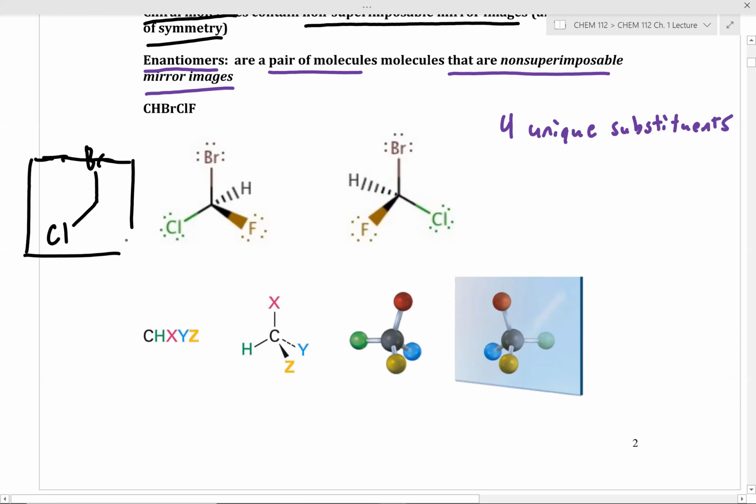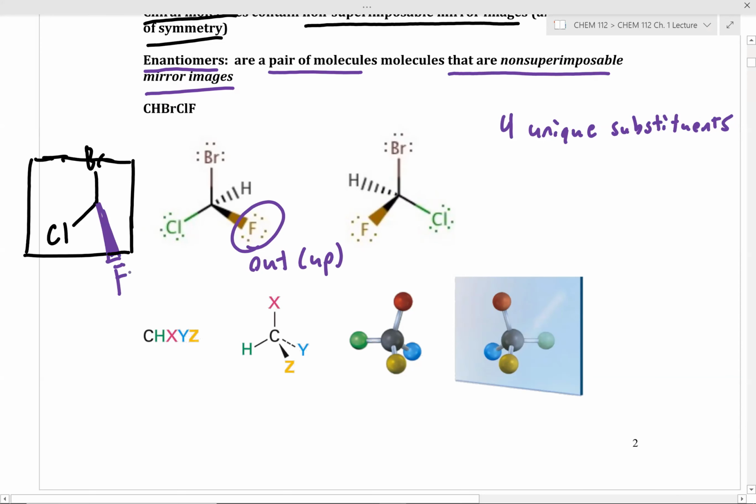And now we're going to look a little bit at how we process dash and wedge stereochemistry. This wedge stereochemistry tells us it's pointing out of the page. It's pointing out or up out of the plane of the page. So this fluorine is pointing out towards me.